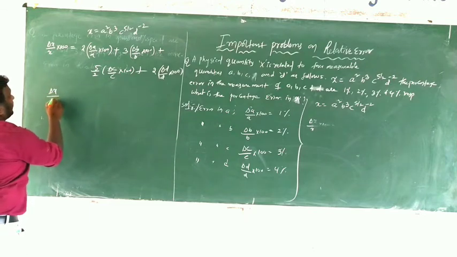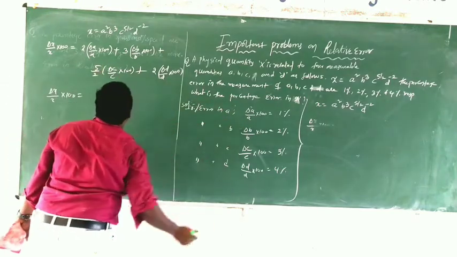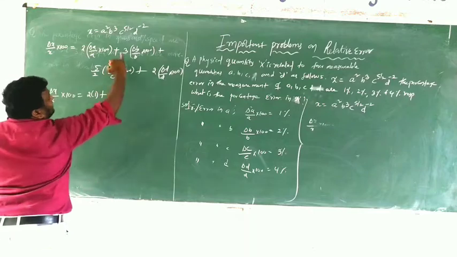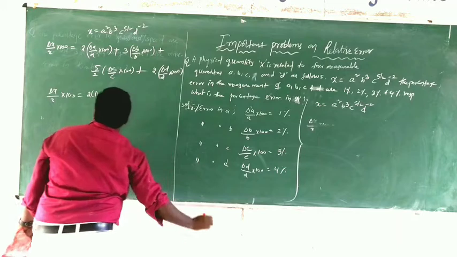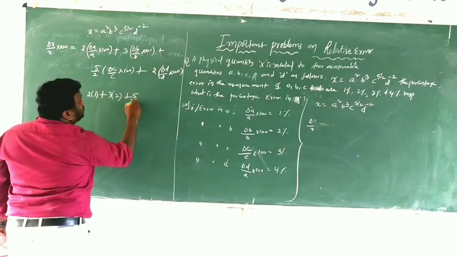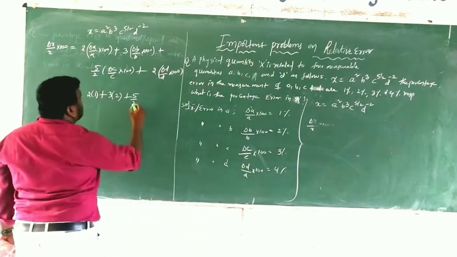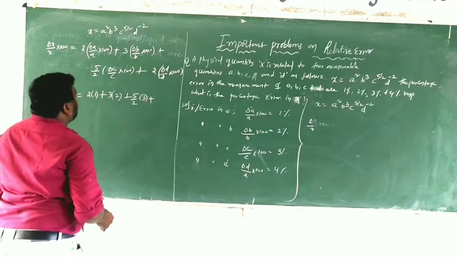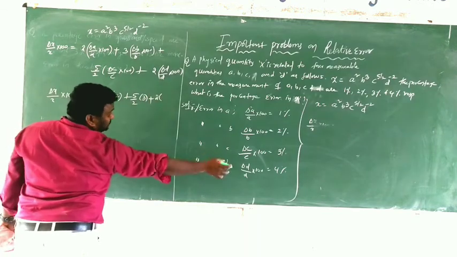Delta X by X into 100 is equal to 2 into 1% plus 3 into 2% plus 5 by 2 into 3 plus 2 into 4.